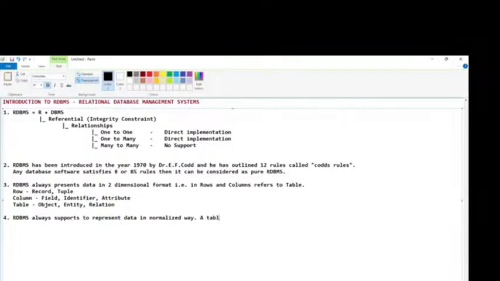A table can be normalized in different ways, often called normal forms.